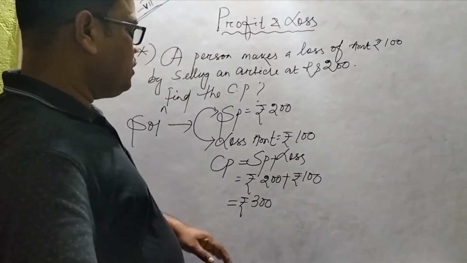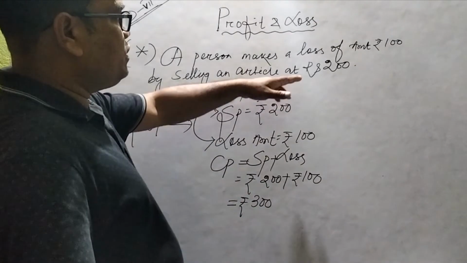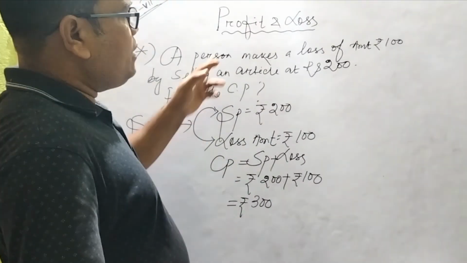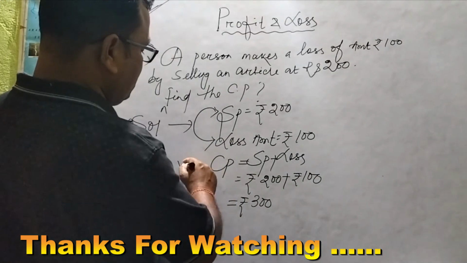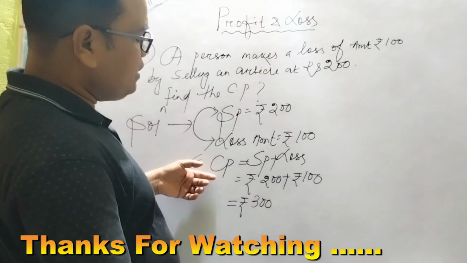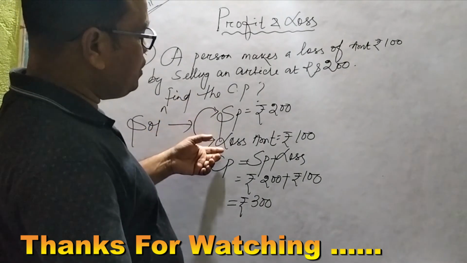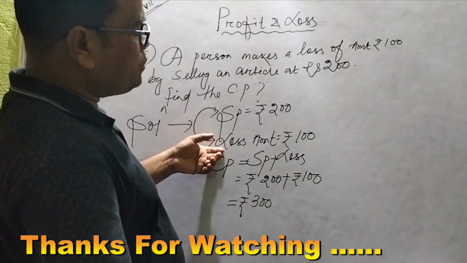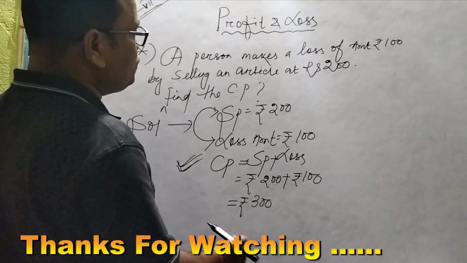That means he bought that article at rupees 300, sold it at 200 and made a loss of 100. This is the formula to find the cost price of that article. It must be greater than the selling price, that's why he made a loss of 100. So the formula can be remembered very easily.